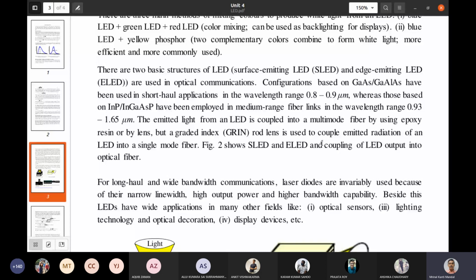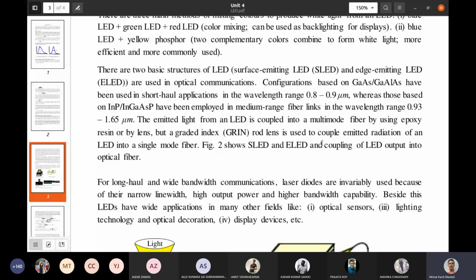And gallium arsenide or gallium indium arsenide is the material being used, and indium phosphide, gallium indium arsenide phosphide is also used for LED application for the optical range 0.93 to 1.65 micrometer.